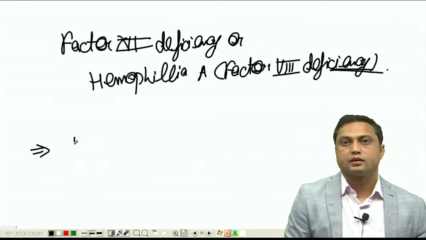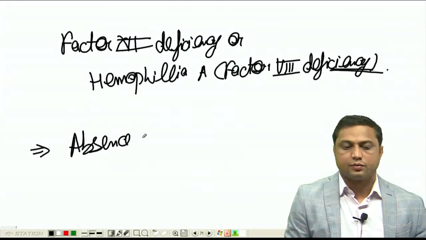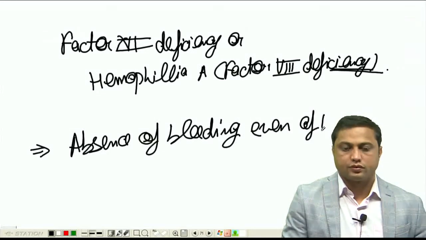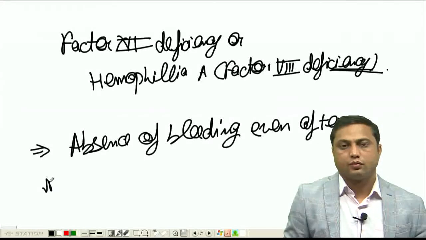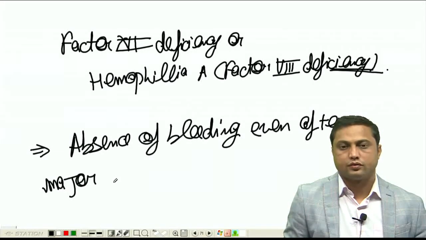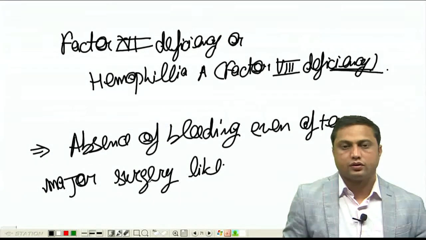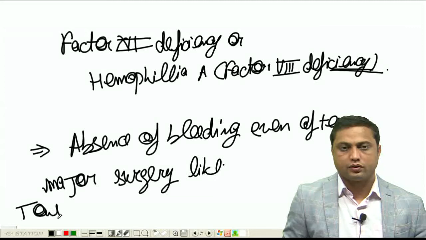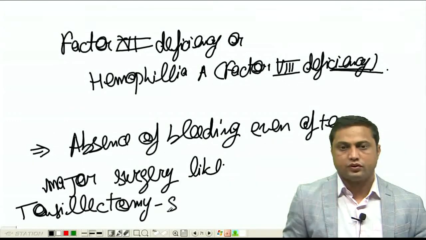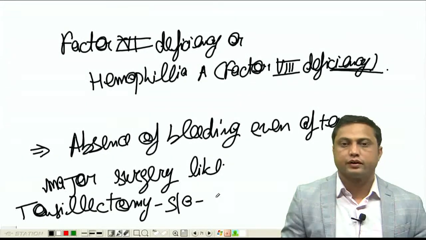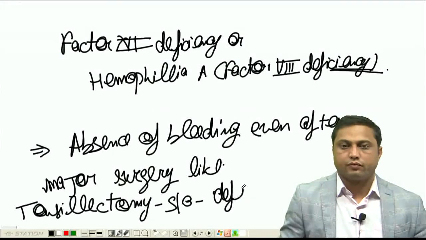Now in the question there is absence of bleeding even after a major surgery like tonsillectomy, which is suggestive of deficiency of contact factor 12.